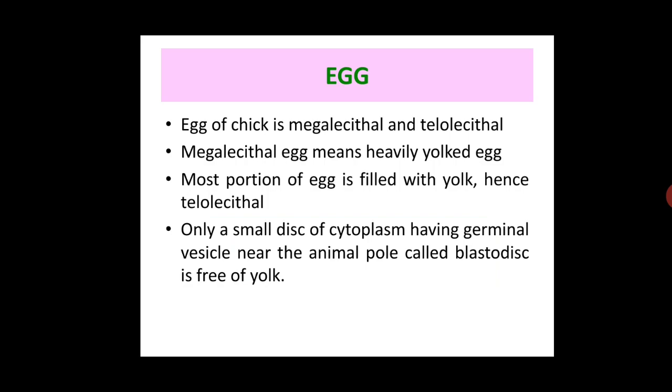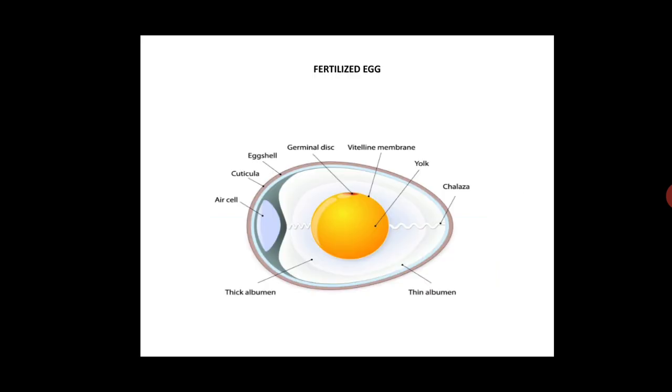is called blastodisc. This is fertilized egg in which this yellow portion is yolk, this white portion is albumin, this very small red area is germinal disc having clear cytoplasm, and nucleus is present only in this region.